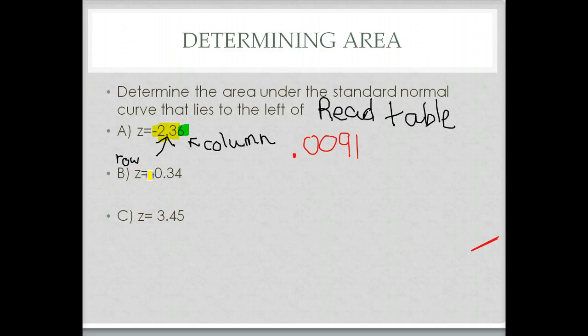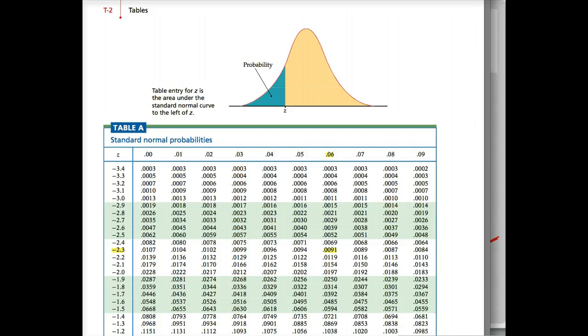Let's try it again. Negative 0.34: negative 0.3 tells me the row, 4 tells me the column. So we go over to our table.